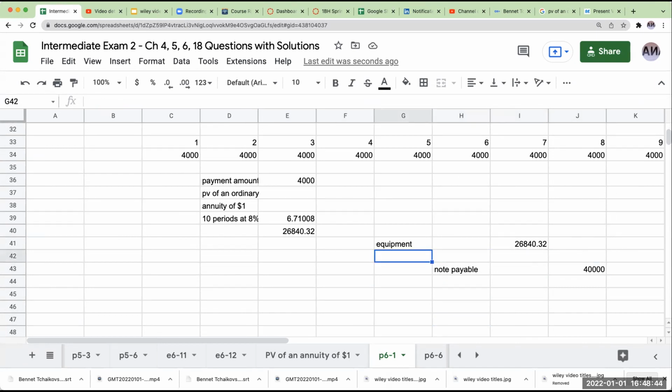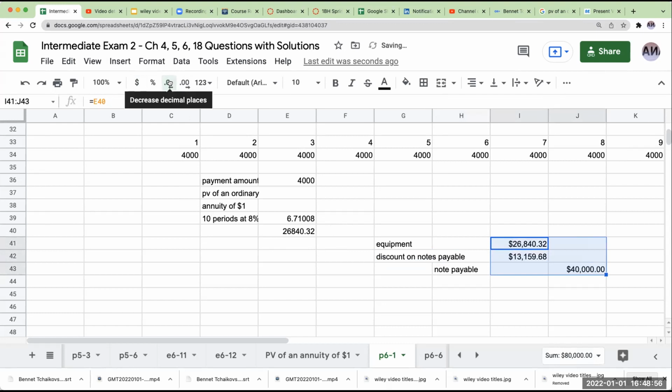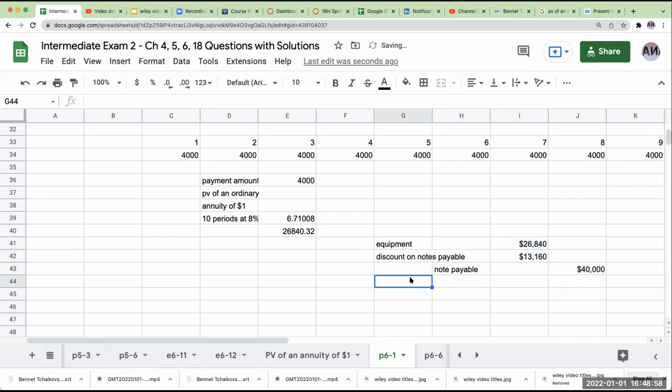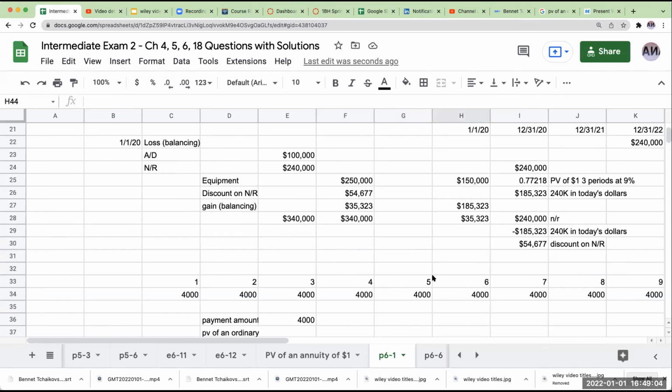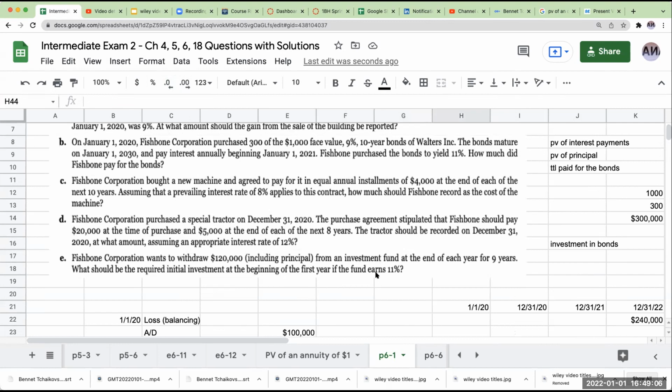But the difference is going to be a discount on notes payable, or 40,000 minus 26,840. This really represents the amount of interest that's implied in the transaction, but this is how I would be showing it. Obviously, I need a date and a description, but this is generally the journal entry.